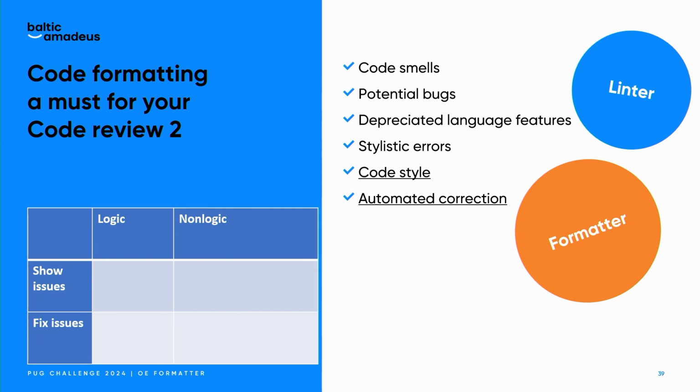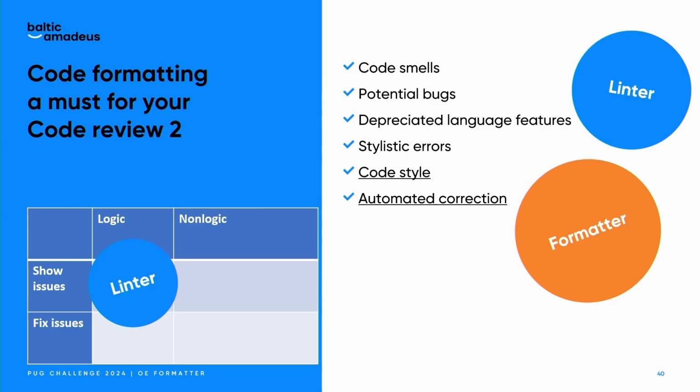But why can we do that? There is some logic behind it. This is just a table. One side is show issues and fix issues, and on top we have logic and non-logic. The linter is more interested in your actual code, in your logic, what's happening in your conditions and how the code is set up.